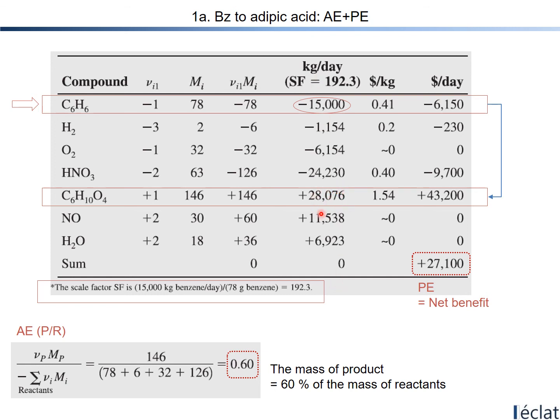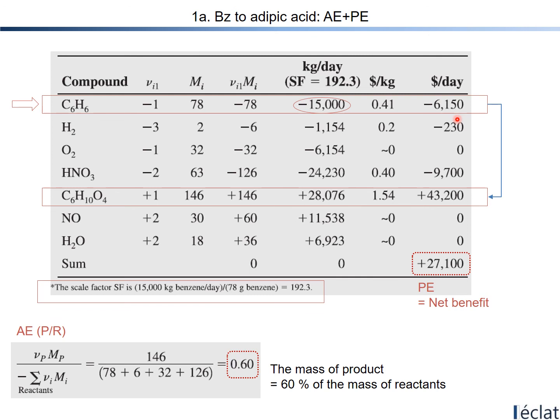In this case, about 30,000 kilogram adipic acid per day is produced by using 15,000 kilogram benzene per day. So basis is very important, especially for scale up and also especially for the comparison. In this column we have the cost or value, and then finally in the last column you can get the summation of those dollars for each compound.